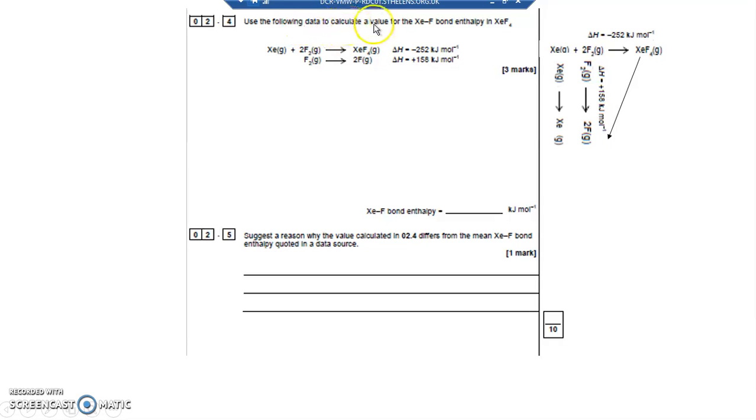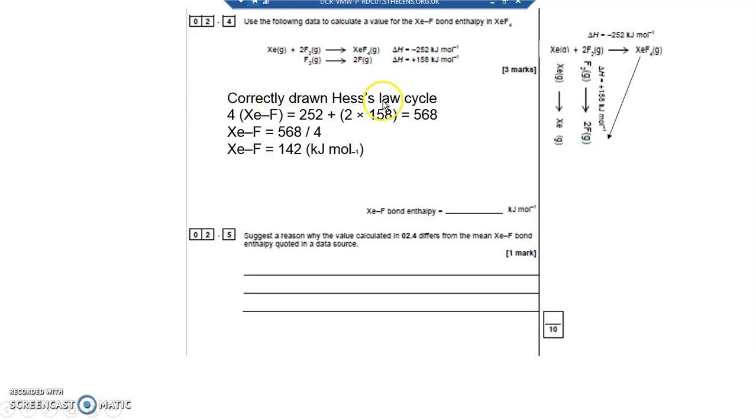Use the following data to calculate a value for the xenon to fluorine bond enthalpy in XeF4, and you've been given two equations. You need to form a Hess's law cycle, so a Hess's law cycle needs to be drawn. If you have a look here, xenon gas plus 2F2 to xenon tetrafluoride is -252 in this direction, going from left to right.